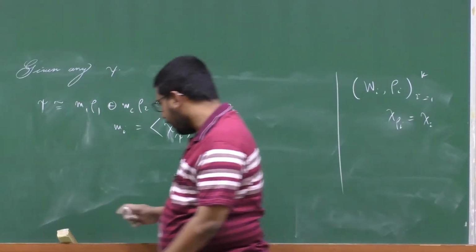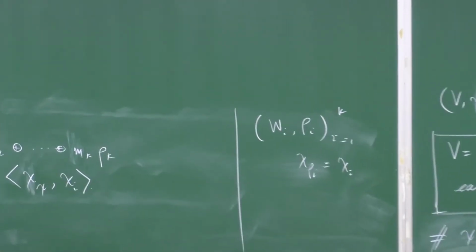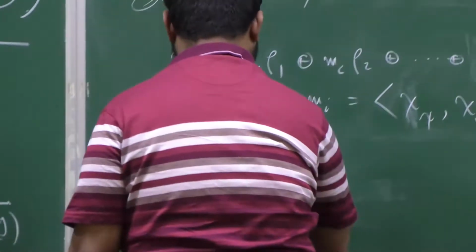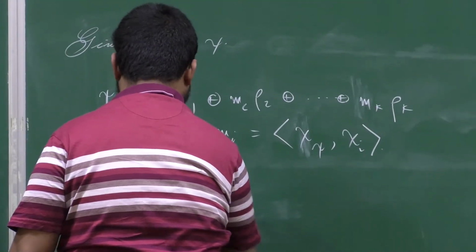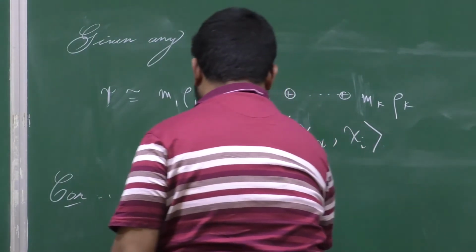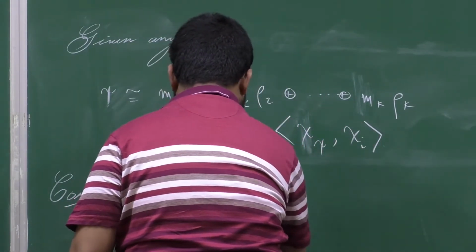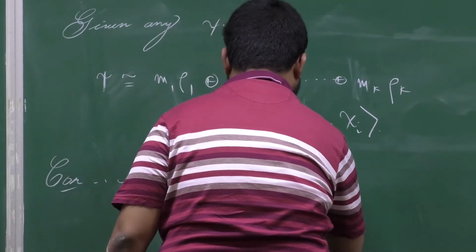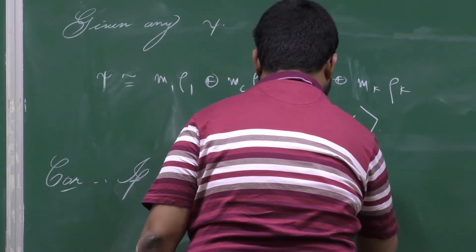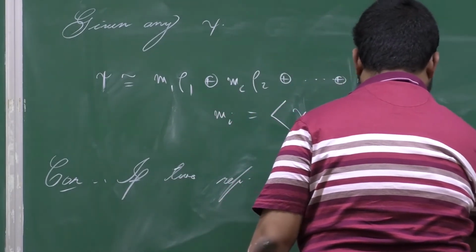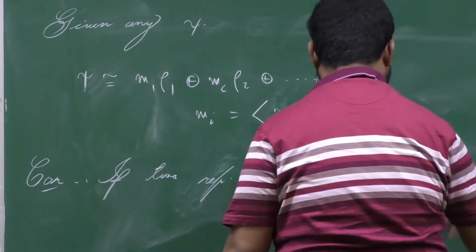Okay. So as a corollary to this, it follows that if two representations, here all the representations, unless otherwise stated, are of finite dimension and over C, have the same character, then they are isomorphic.